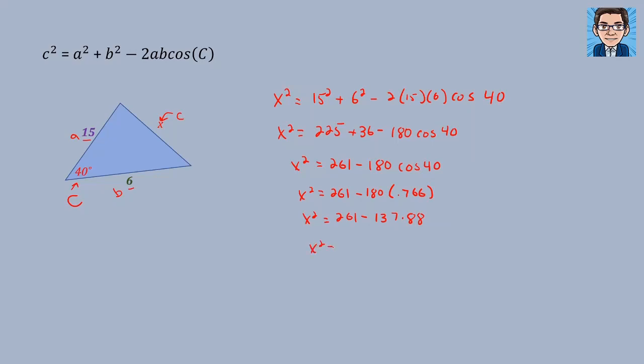Subtract those two, and we get 123.11. Now to get x, we take the square root of both sides, because x squared equals 123.11. So x equals the square root of 123.11, or 11.1.